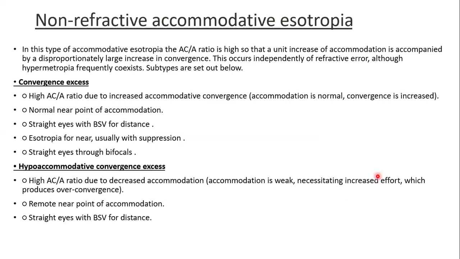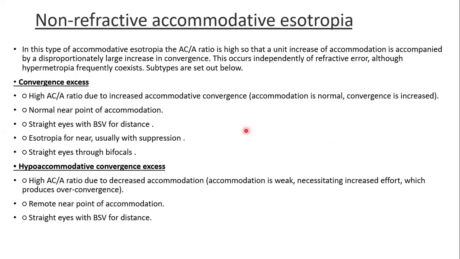We have two types: convergence excess due to increased accommodative convergence, and hypoaccommodative due to decreased accommodation. There is a ratio, accommodative convergence per accommodation. In convergence excess, the problem is in accommodative convergence, which is high. In hypoaccommodative, the problem is that accommodation is decreased, and because of that the AC/A ratio is high.